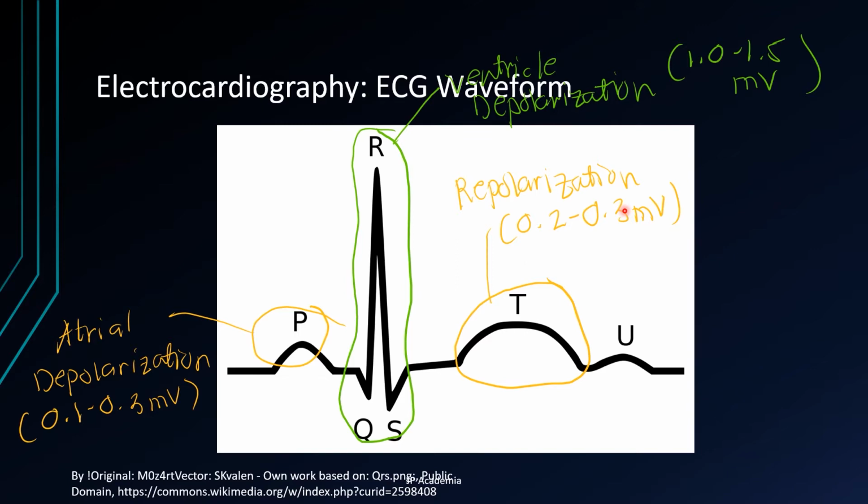It has a voltage between 0.2 and 0.3 millivolts. Last, we have the U wave. The U wave here comes after the T wave. It may not always be observable due to its small size. The exact source of this is unclear, but the common theory is that this represents repolarization of the Purkinje fibers.